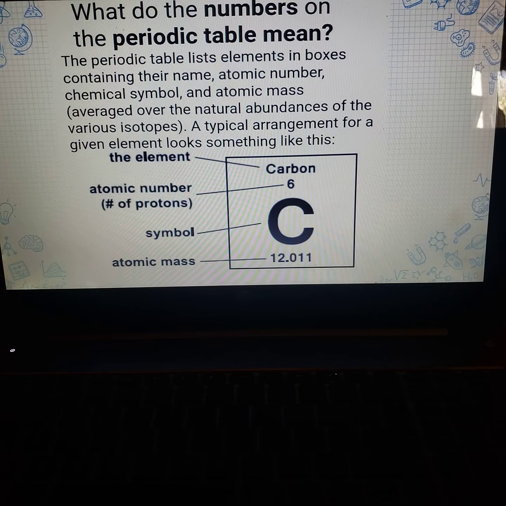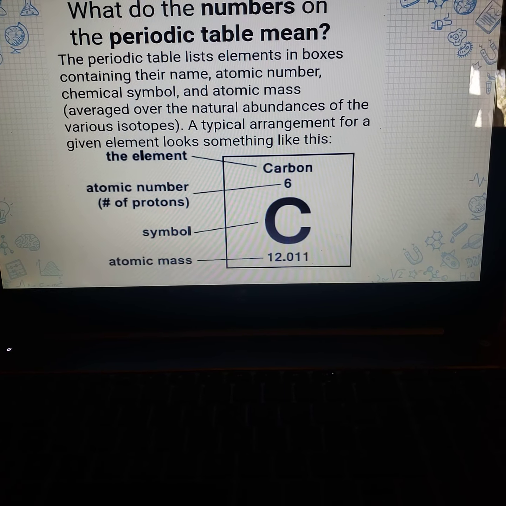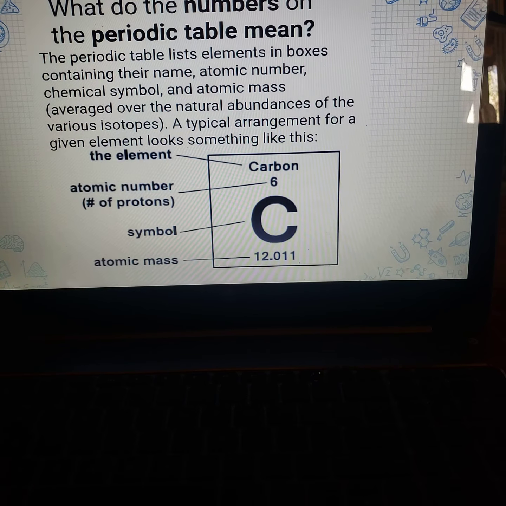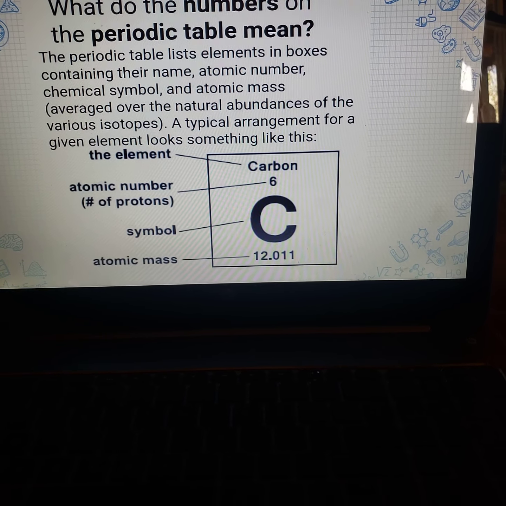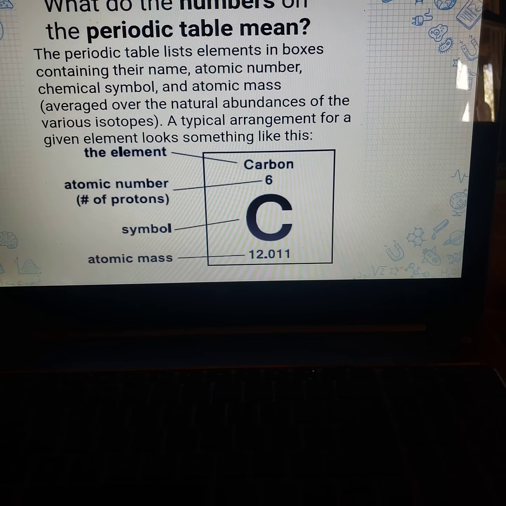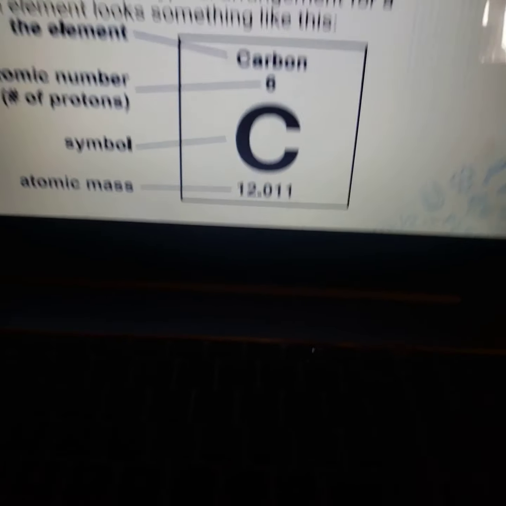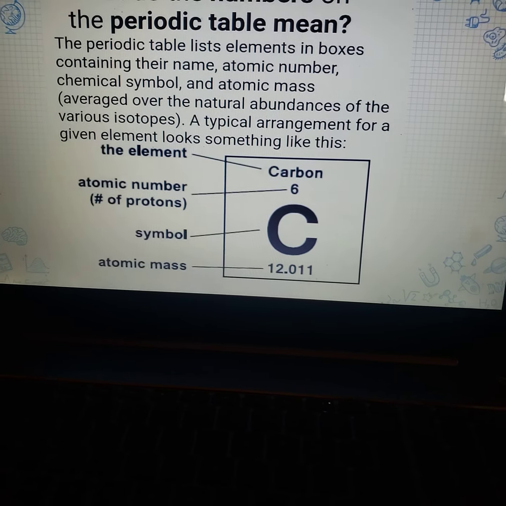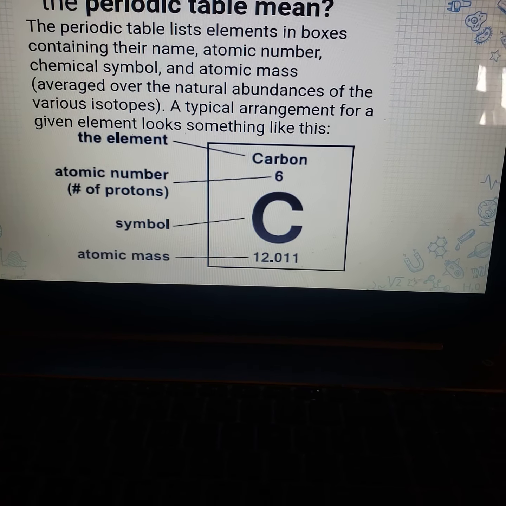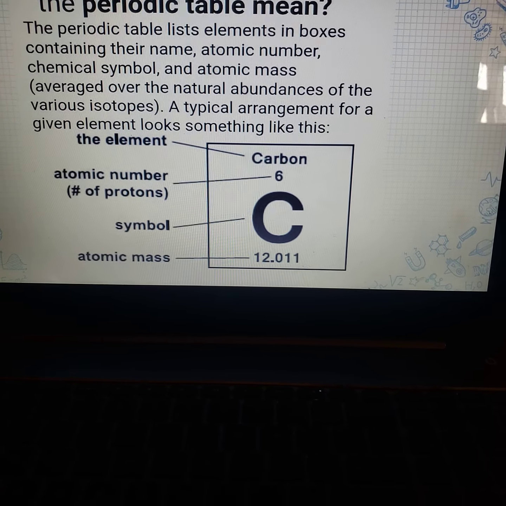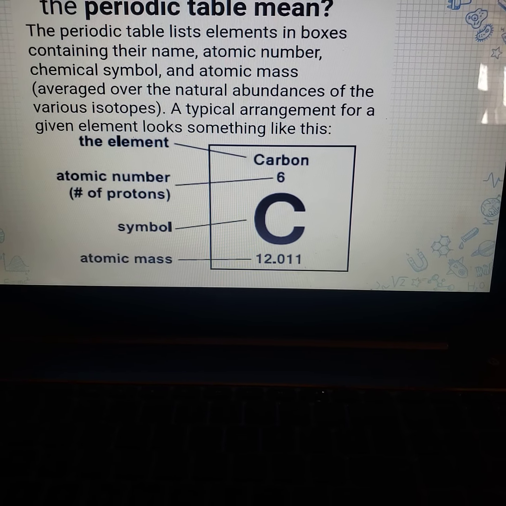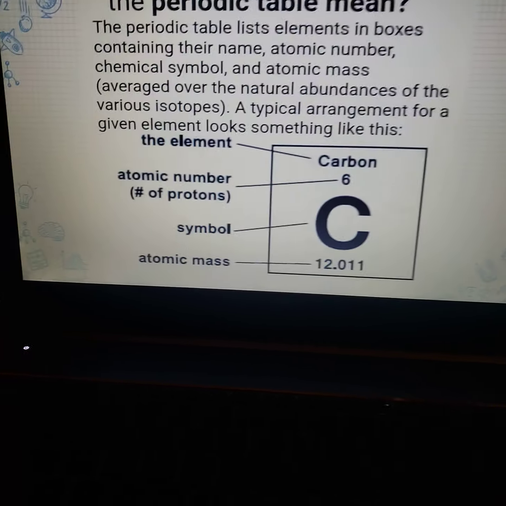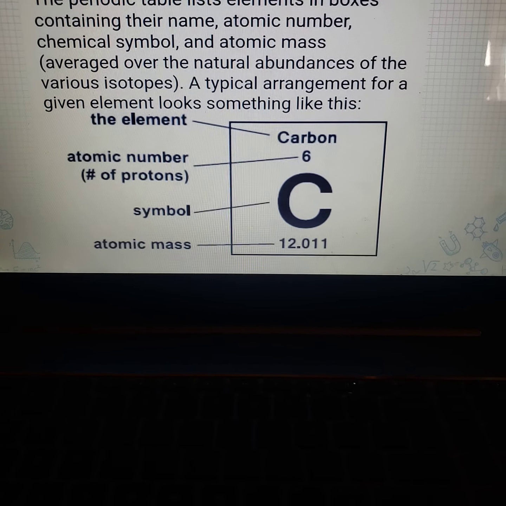The periodic table lists the elements in boxes, and the boxes contain the name, the atomic number, the chemical symbol, and the atomic mass. And remember, it has a period, not because there's just part of atoms, but because it's an average of all the natural versions of that element that exists on Earth.